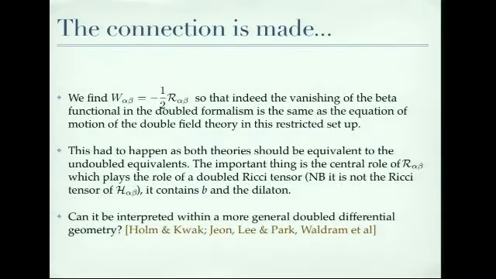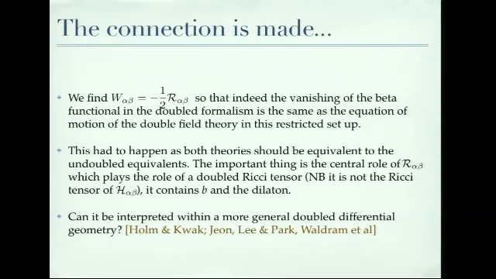Okay, and so in these backgrounds, which is basically all the backgrounds on which the double formalism was defined, we find that this W tensor is proportional to this generalized Ricci tensor. So the vanishing of one is the vanishing of the other, and this is saying that the background field expansion of the background field equation of the doubled formalism at one loop is the same as the generalized metric equation of motion coming from the double field theory.